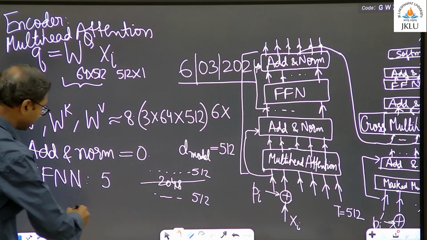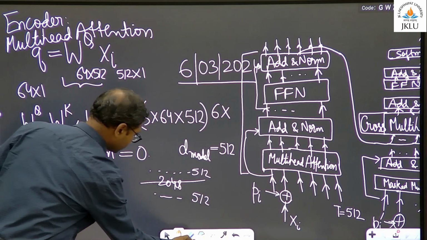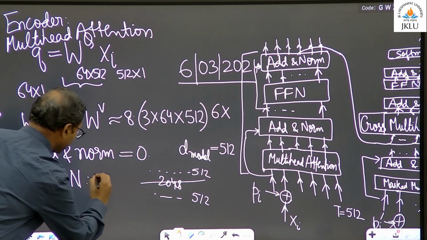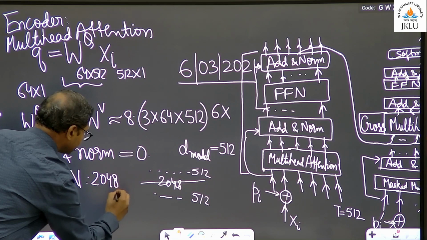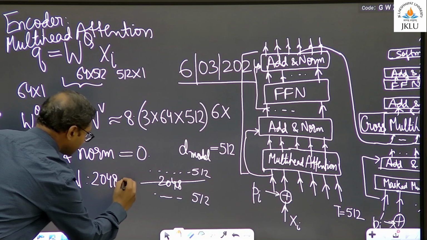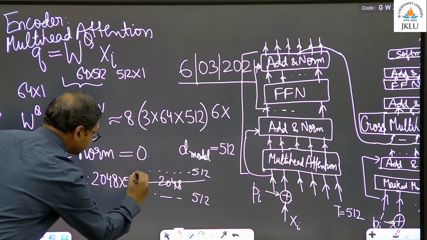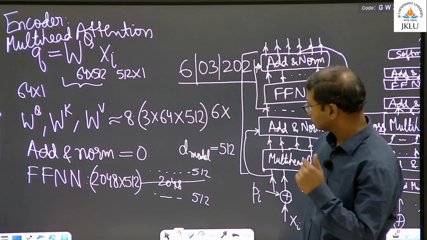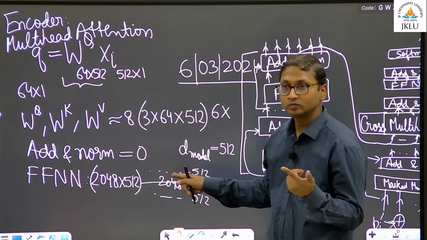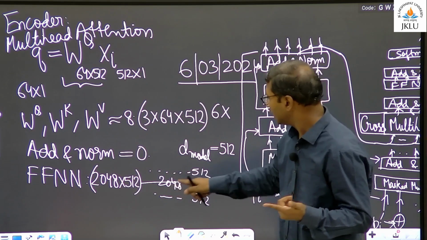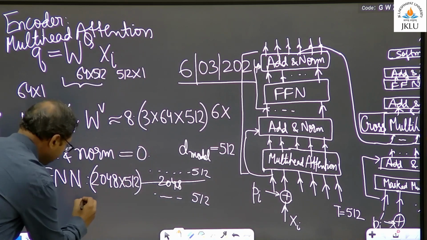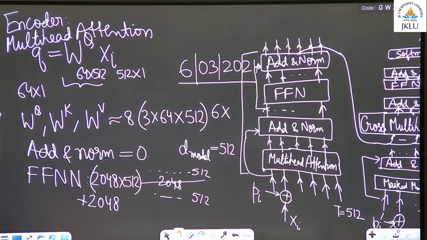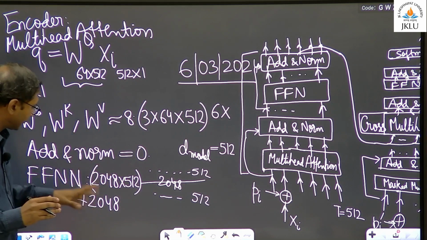So this is 2048 cross 512. What should I do with this? Multiply by 2. In fact, for this layer I should also add 2048, even though they are not so significant, but let us add them.